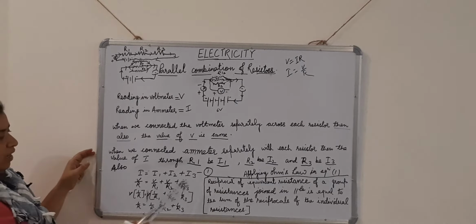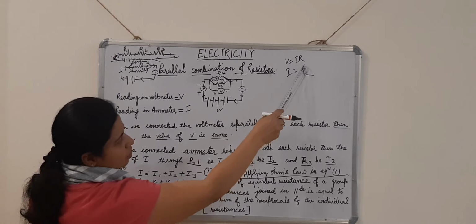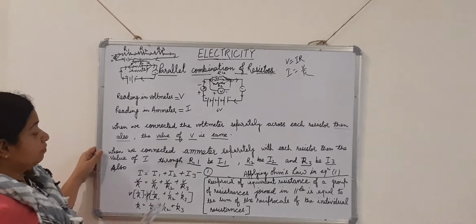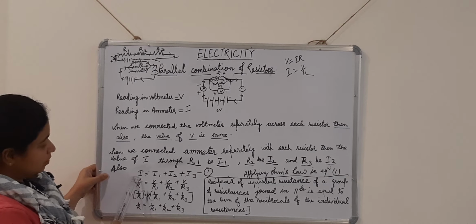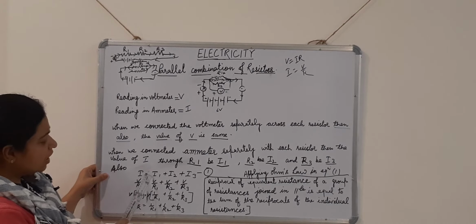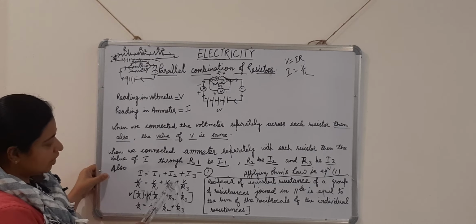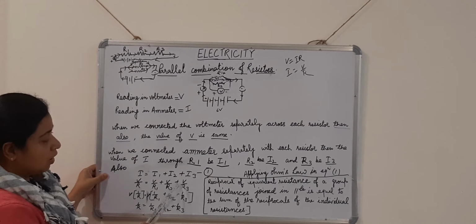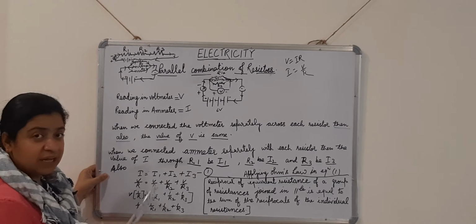If I apply Ohm's law, we know Ohm's law, V is equal to IR, or I is equal to V upon R. Now if I apply Ohm's law here, I1 is equal to V upon R1. I2 is equal to V upon R2. I3 is equal to V upon R3. Why have we taken V the same here?